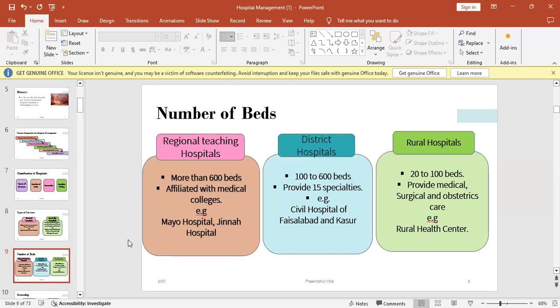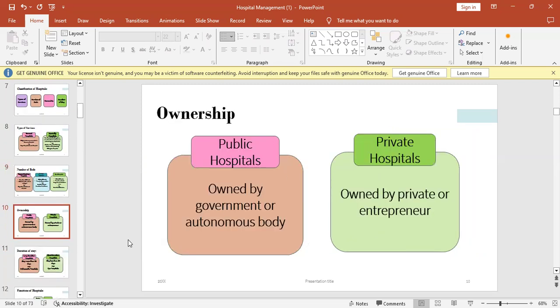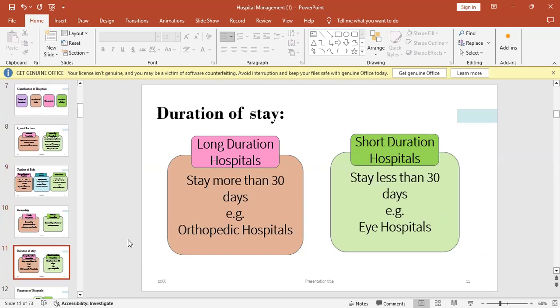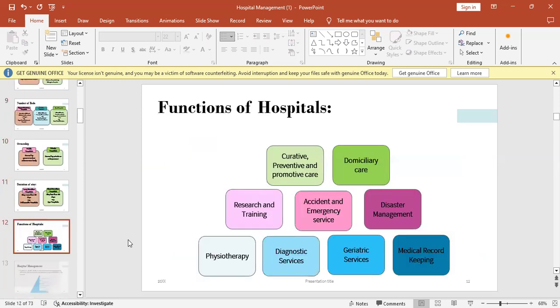Others are classified based on the number of beds, like the BHUs, district hospitals and the teaching hospitals. On ownership, they are divided into public or private hospitals. And on duration of stay, they are divided into long duration or short duration hospitals.